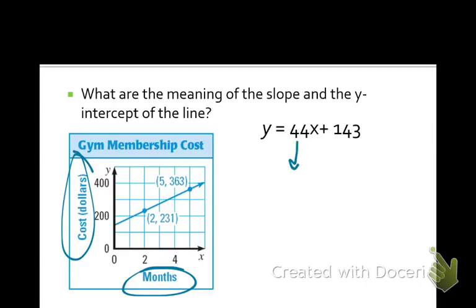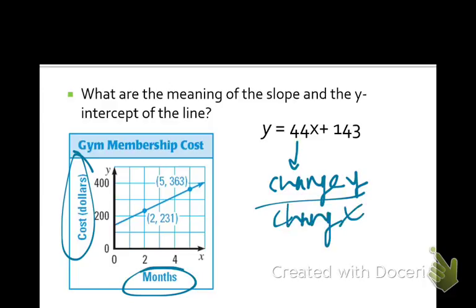is the change in y over the change in x. It's the change in y over the change in x. So that means if x goes up by 1, then my slope should tell me how much my y will go up.